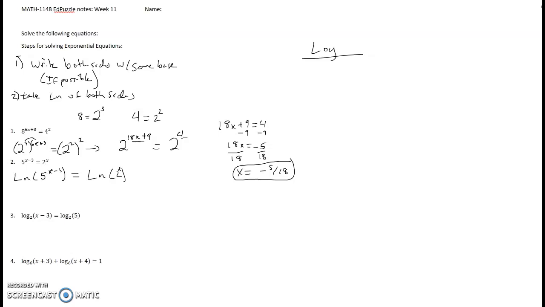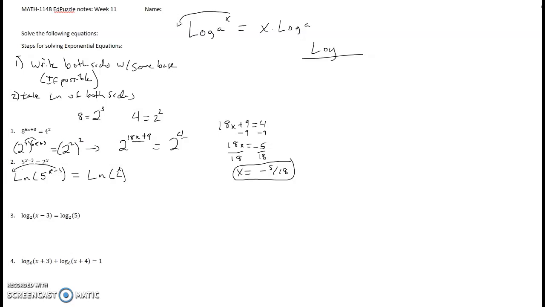Now what that's going to allow us to do is remember that we have this rule of logs that says if I have log a to the x, I can bring that down in front and that becomes x times log of a. So you can see I have this x minus 3.